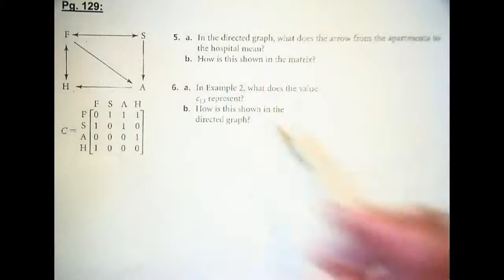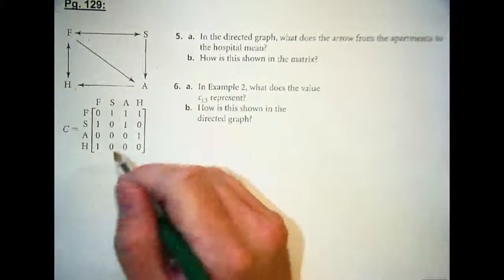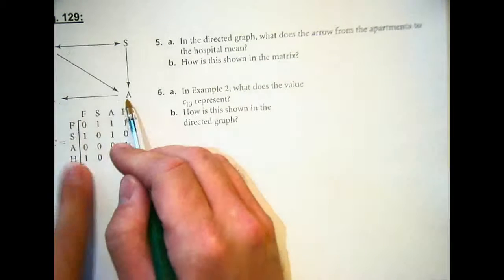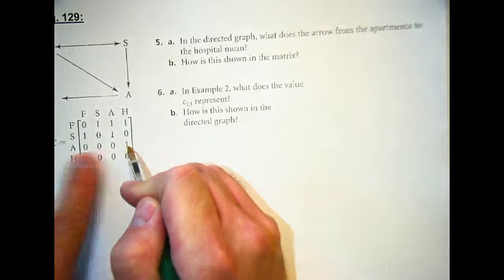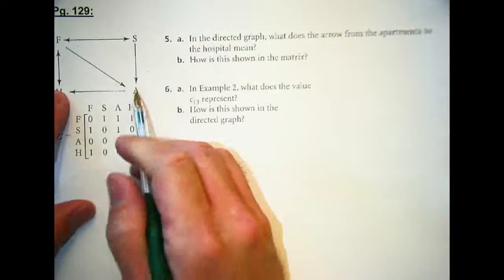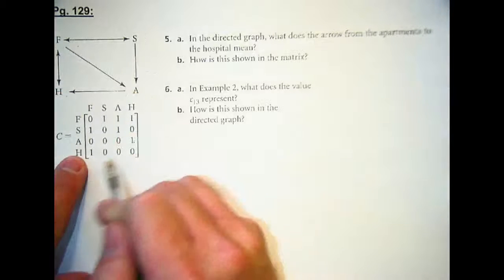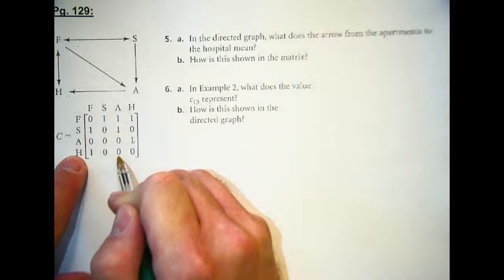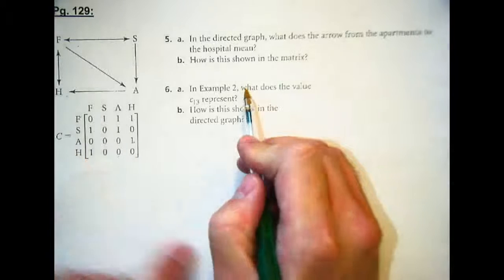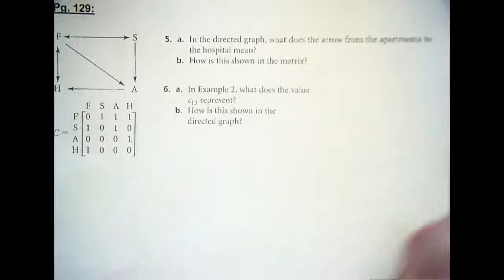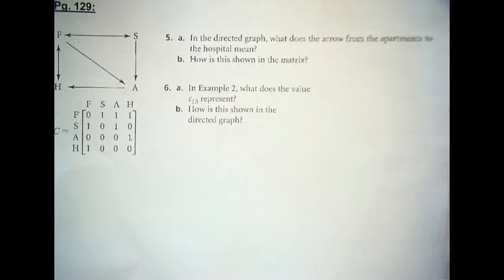How is that shown in a matrix? Well, from the apartment to the hospital, we have a 1. How about from the hospital to the apartment? No. It's a 0. Okay? All right. In example 2, what does the value C13 represent? Yeah, Cole?